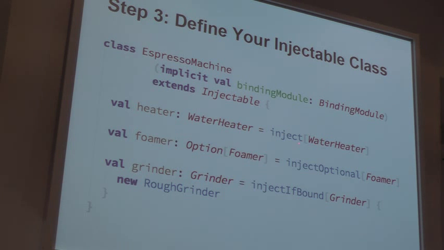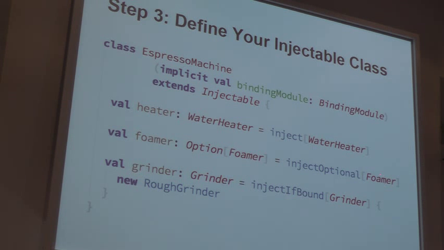The difference between them is that inject requires you to have some binding for water heater. So water heater is required. If there is none, it will throw an exception. Inject optional gives us an optional dependency. You can see here the type of grinder is Option.